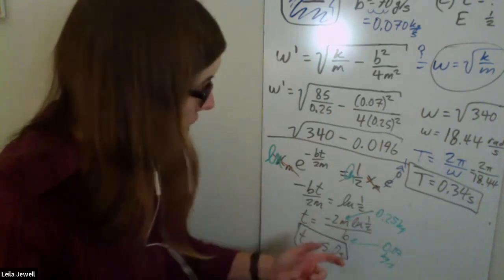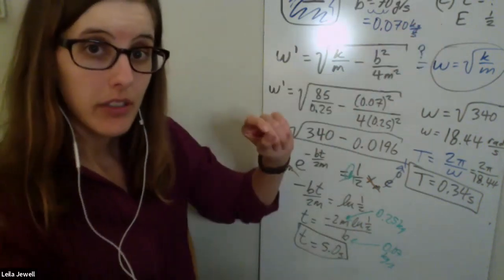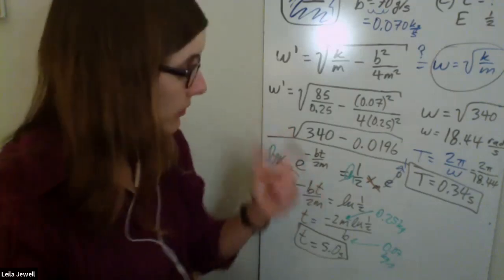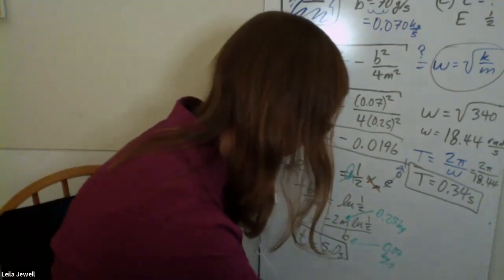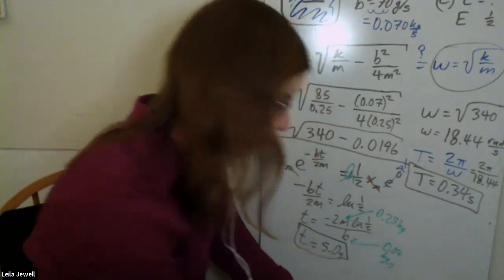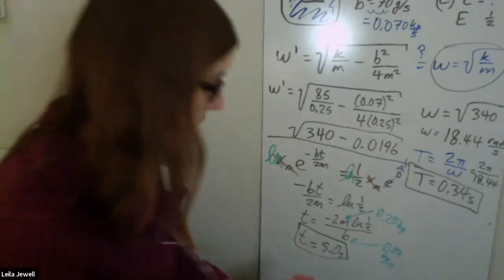Now, what changes for part C, where we want to find where the energy is half as big? Well, for energy, we have a slightly different expression. For that one, remember, it is related to the 1/2 kxm times the exponential squared.